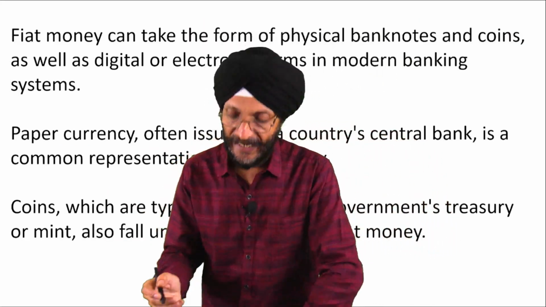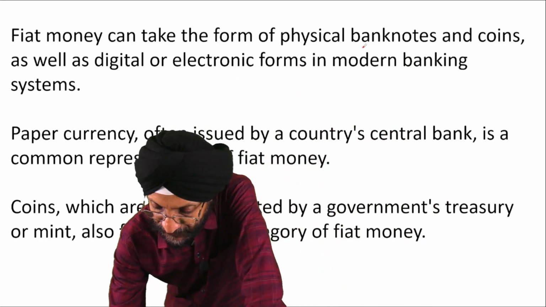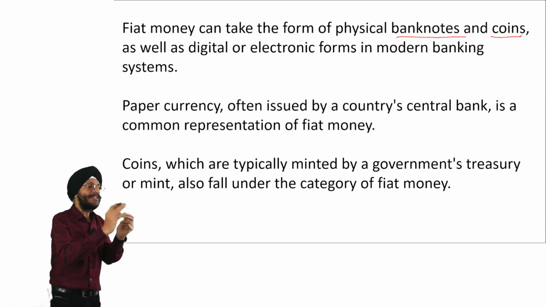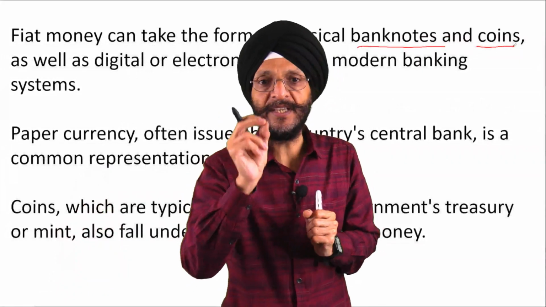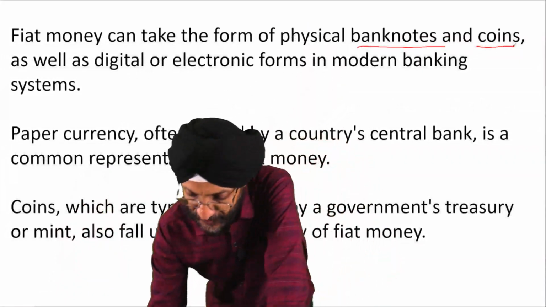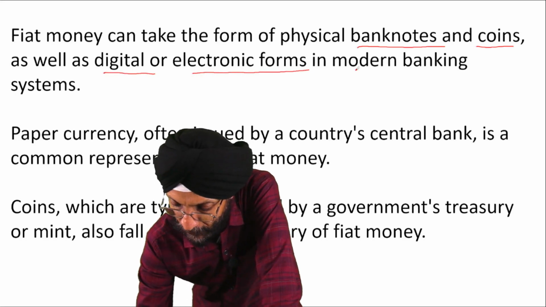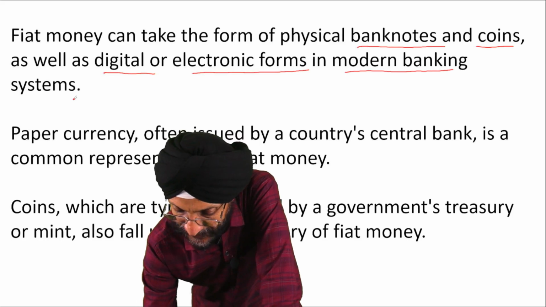Fiat money can take the form of physical banknotes and coins, but it must also be remembered that fiat money also includes digital or electronic forms in modern banking systems.